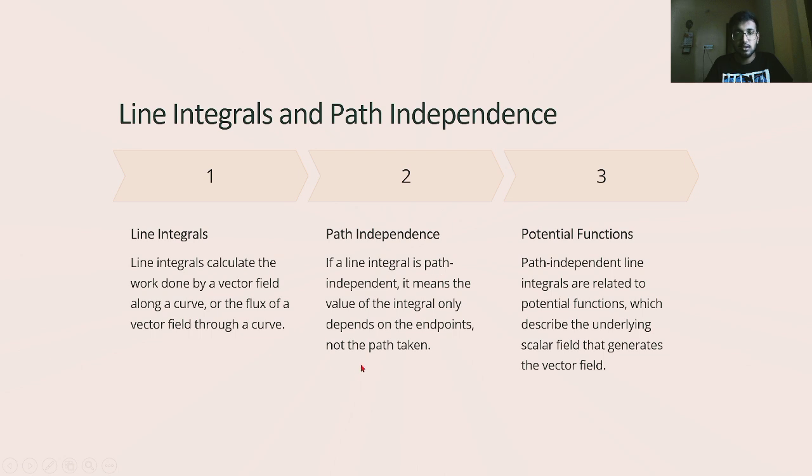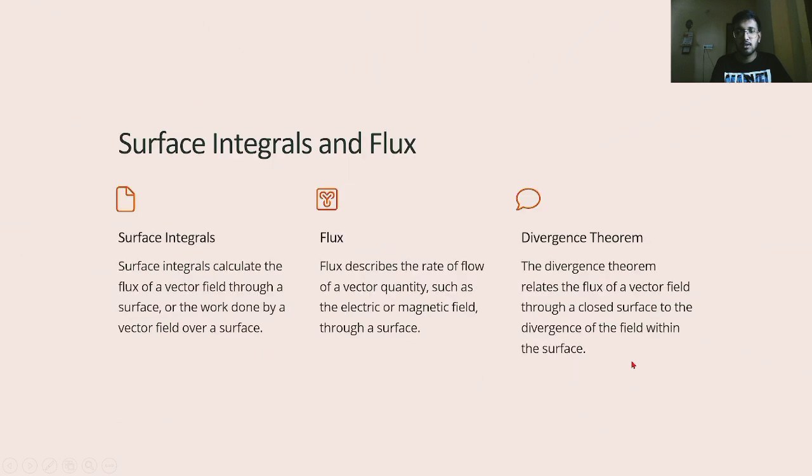If a line integral is path independent, it means the value of the integral only depends on the endpoints, not the path taken. Potential function, which is the third one: path independent line integrals are related to a potential function, which describes the underlying scalar field that generates the vector field.